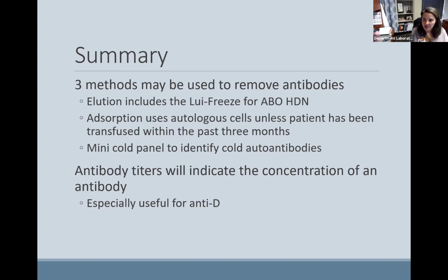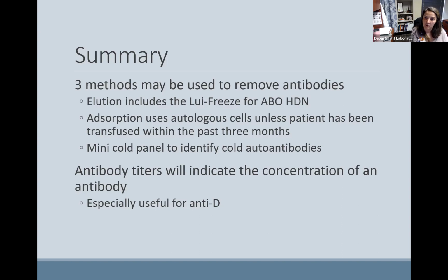If your patient has been transfused within the last 3 months, you cannot obtain an adequate phenotype, because there are donor cells in that patient's circulation that might have a different antigenic profile than your patient, and you could obtain a false phenotype. So if your patient has been transfused within the last 3 months, you cannot serologically phenotype that patient.